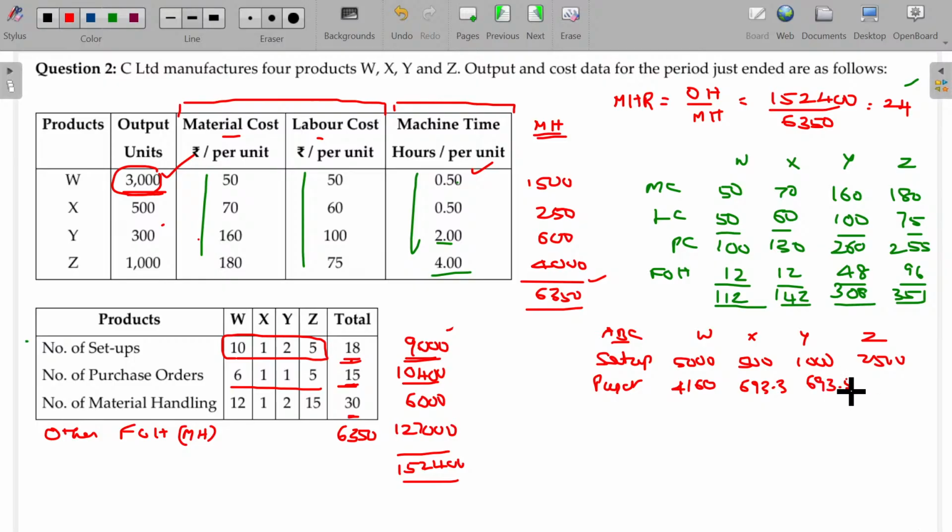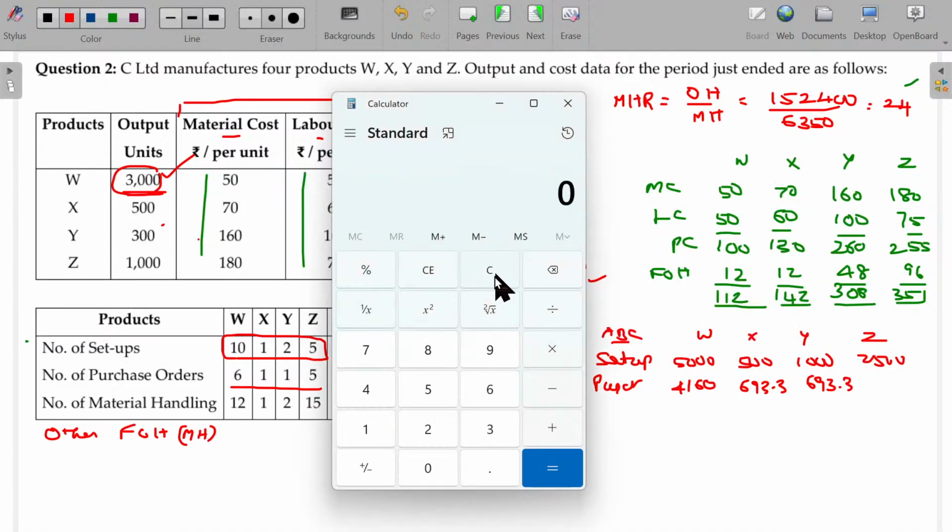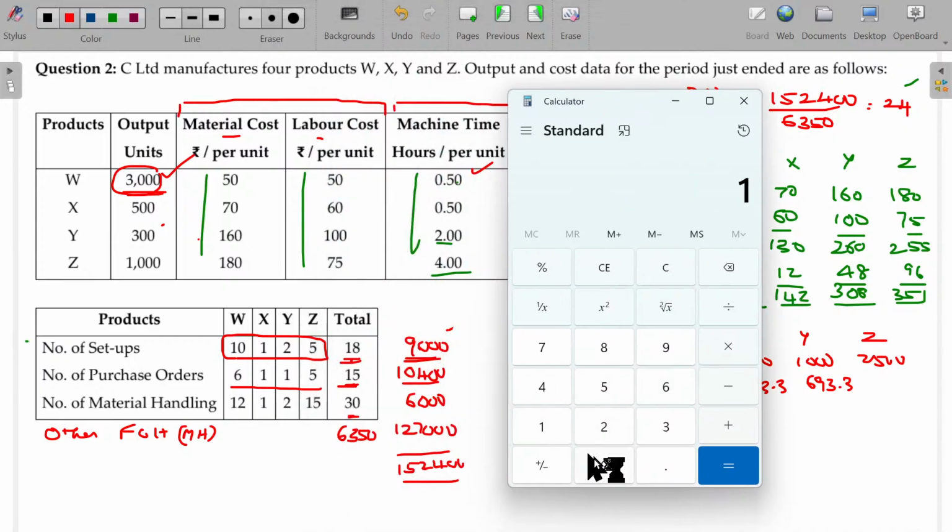For 5 share, in your non-scientific calculator, you know, you got this value, 693. You got this value, okay?